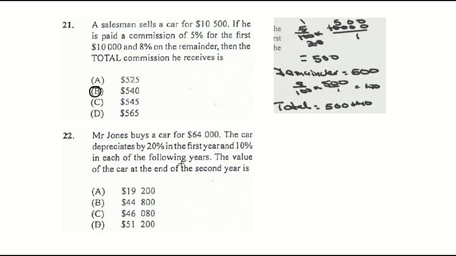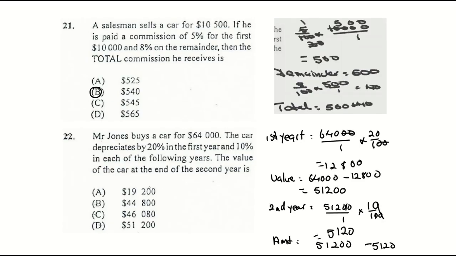So the value of the car would have been 51,200, and we found 10% of that, which is 5,120. So when I subtracted this, you are going to get an answer of $46,080, and that is the answer.